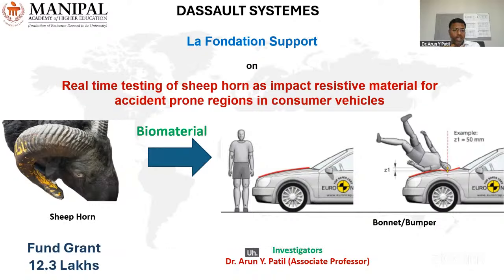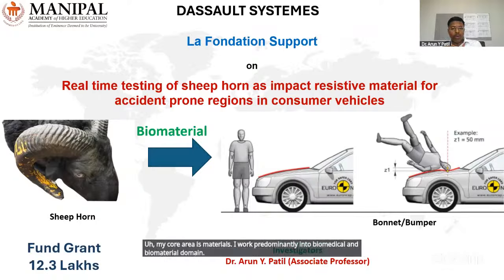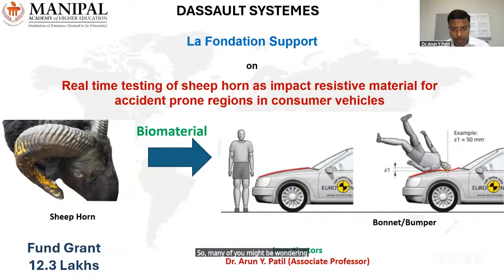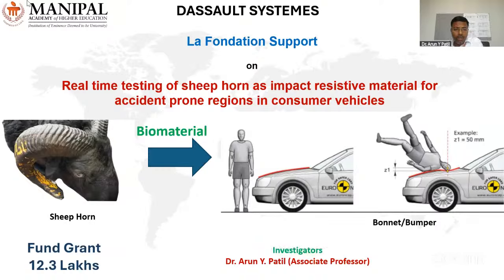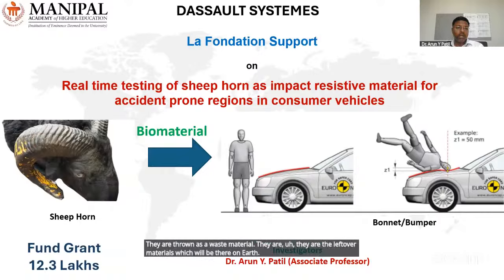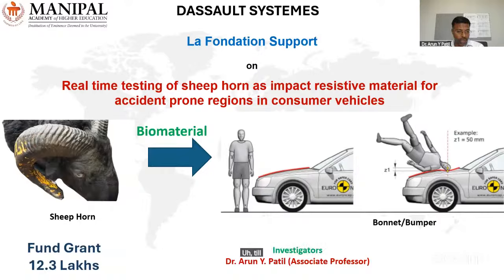My core area is materials. I work predominantly in the biomedical and biomaterial domain. Many of you might be wondering, what is this sheep horn? What will it be used for? These sheep horns, if you check the slaughterhouses, are thrown away as waste material. They are leftover materials which remain on earth until they deteriorate or decompose.